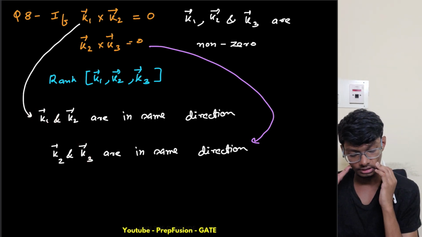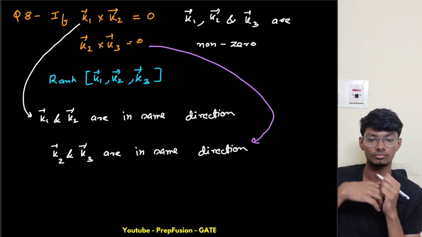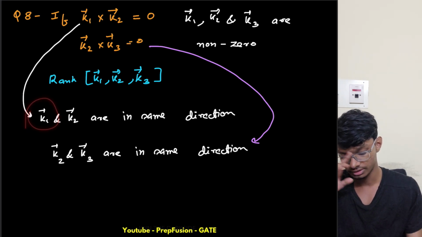So if all three of them are in the same direction, we can write one as a combination of the other, right?